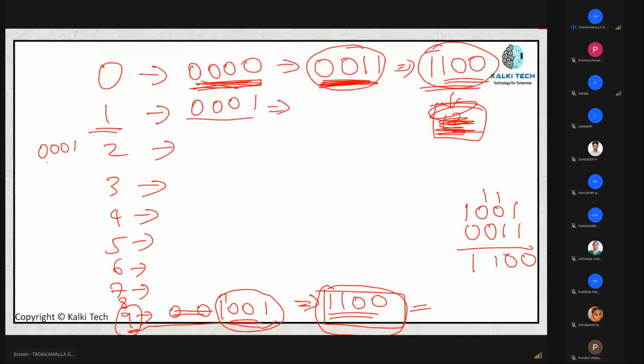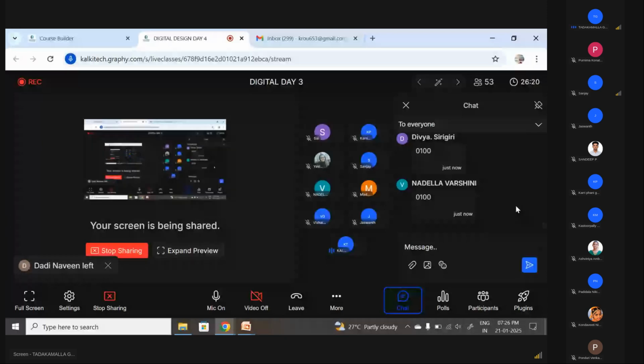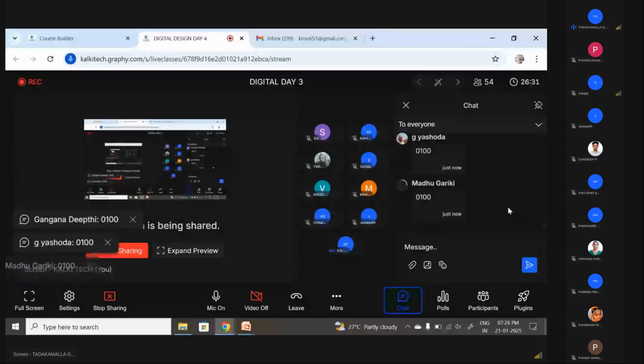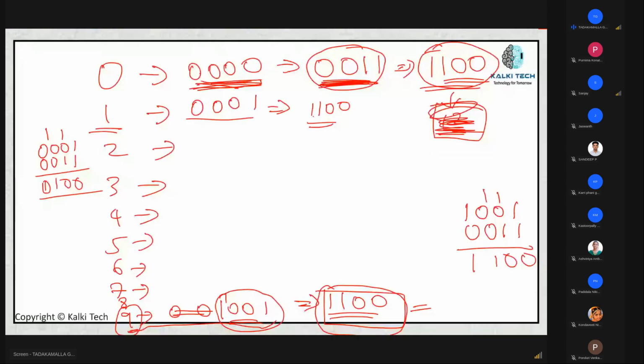Adding 0011 gives 0100. Everyone getting 0100? The XS3 code for this particular one is 0100.